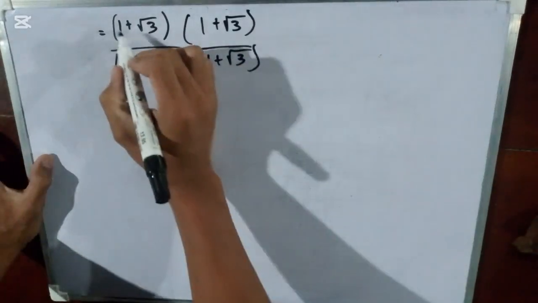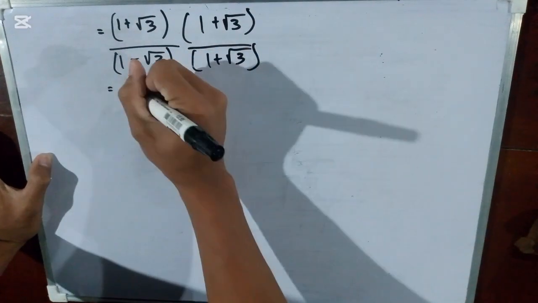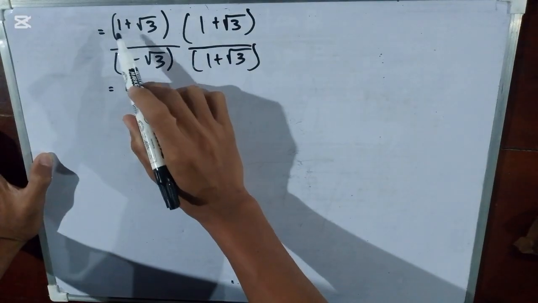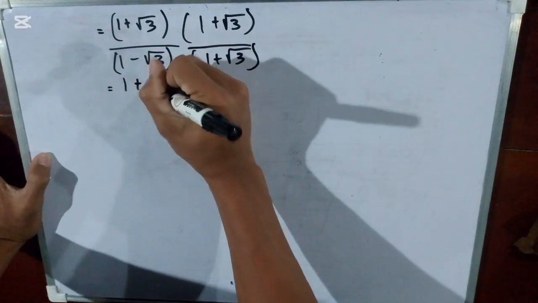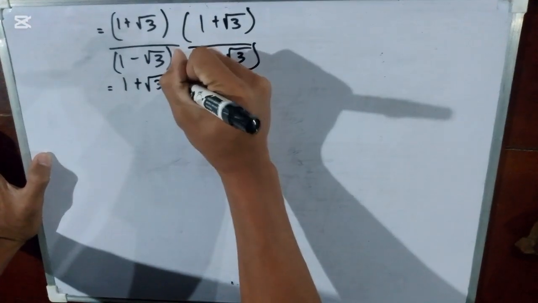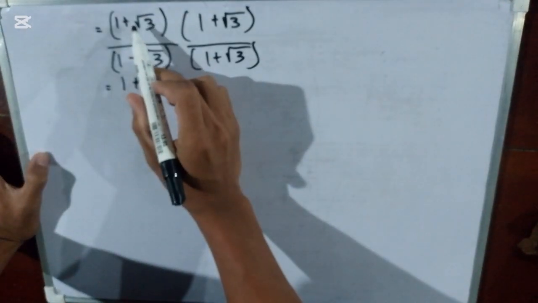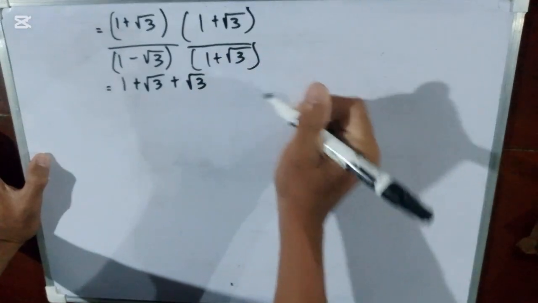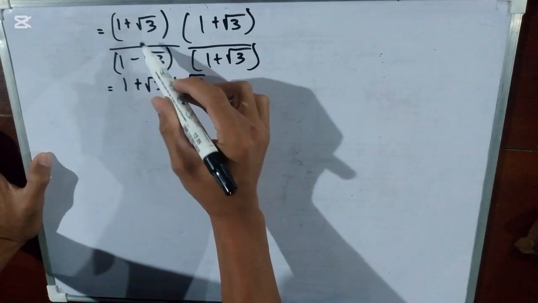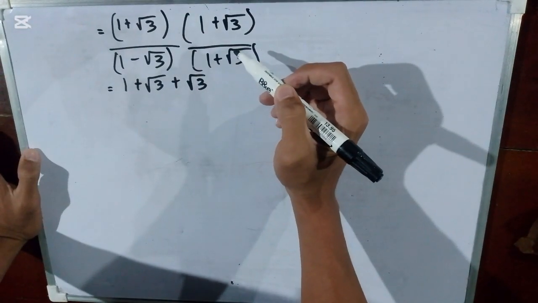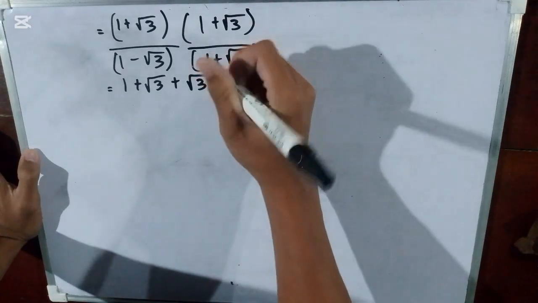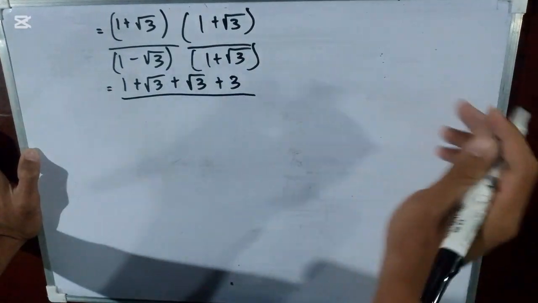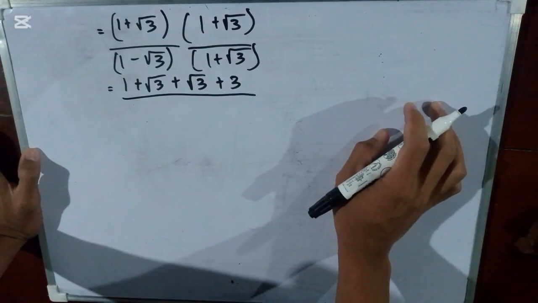First is 1 times 1 equals 1, plus 1 times root 3 equals root 3, plus root 3 times 1 equals root 3, and root 3 times root 3 equals positive 3.